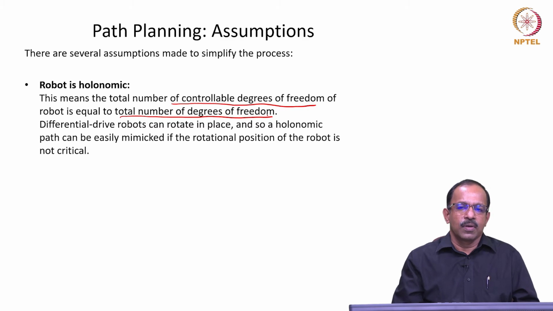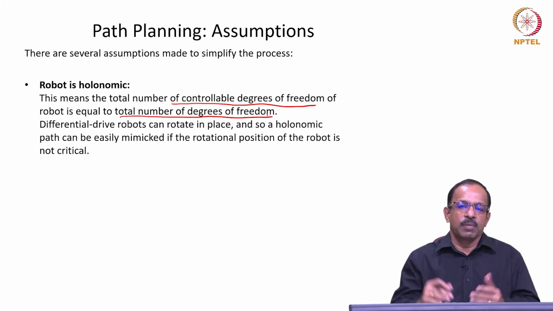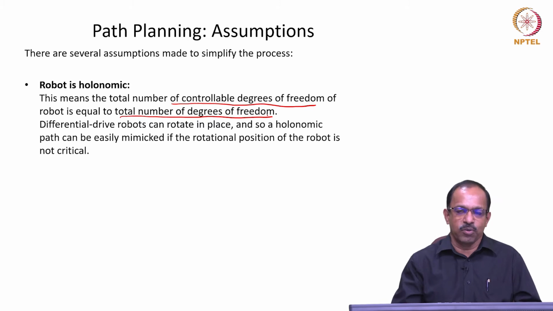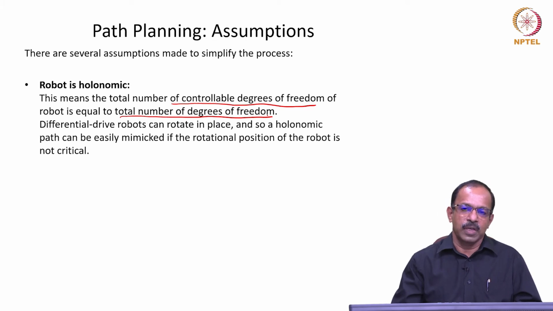Any object has its own degrees of freedom. A ground robot has its own, but an aerial robot has a different number of degrees of freedom. If you can control all those degrees of freedom, then we call it a holonomic robot. The robot is considered holonomic as long as we can control all the degrees of freedom, that is, nothing is dependent on the other degrees of freedom.